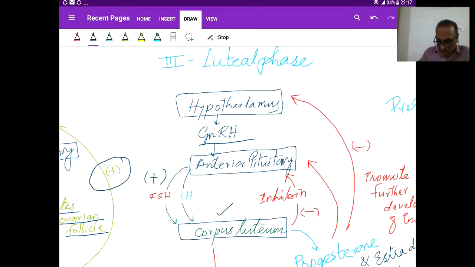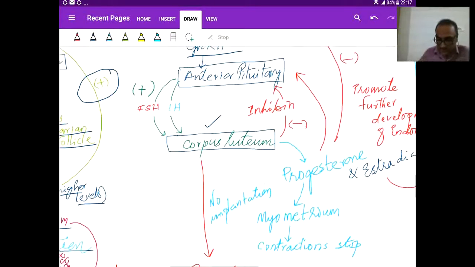Now let us see what the corpus luteum does. Under the influence of LH mainly, and FSH actually helps indirectly, it will increase the receptors for LH in the corpus luteum. Do you understand?